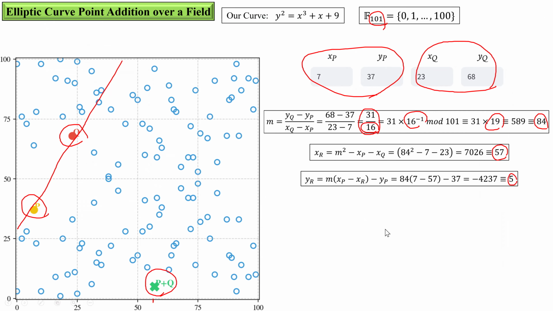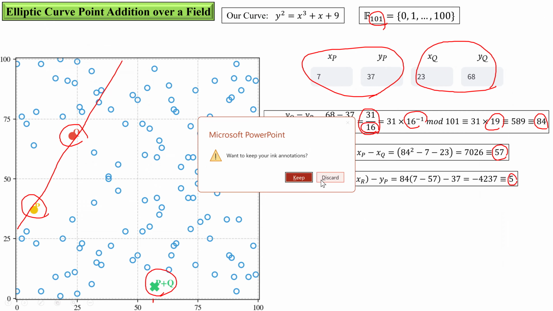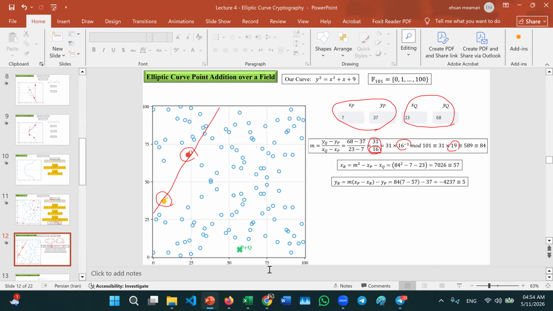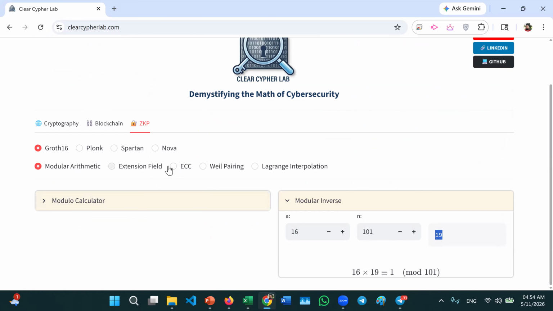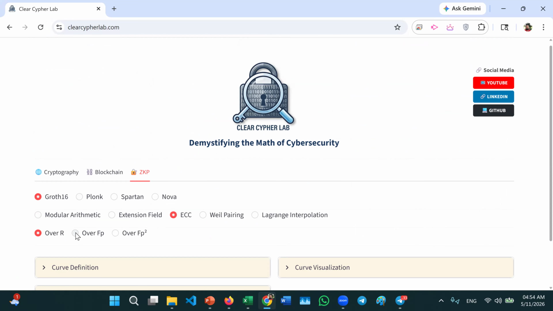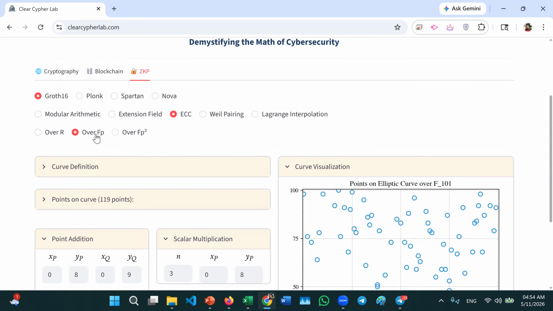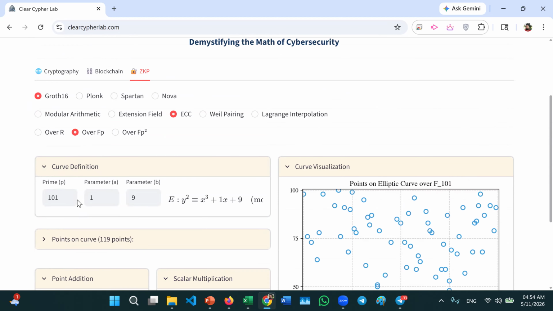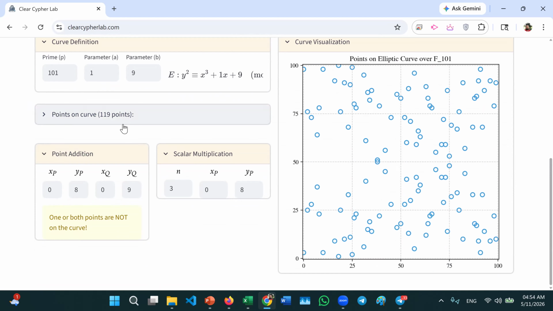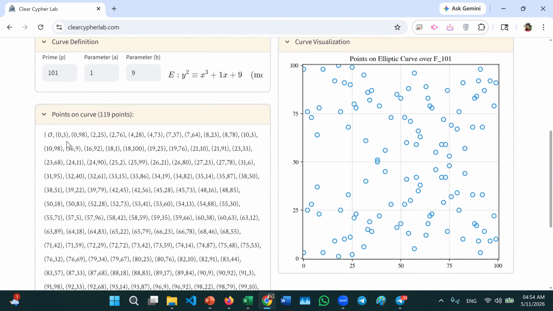So let's see the website and use it for other examples. In F of p, I'm going to define the curve here. So it is set already. This is the list of points here also.